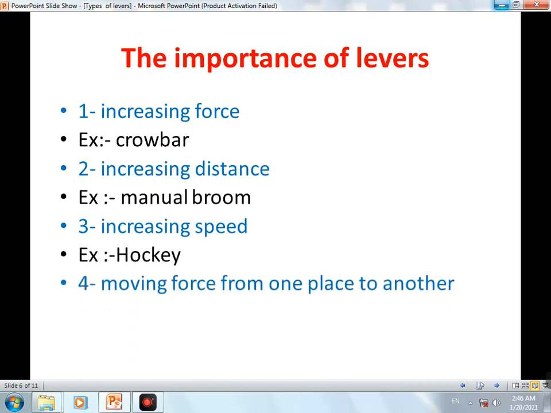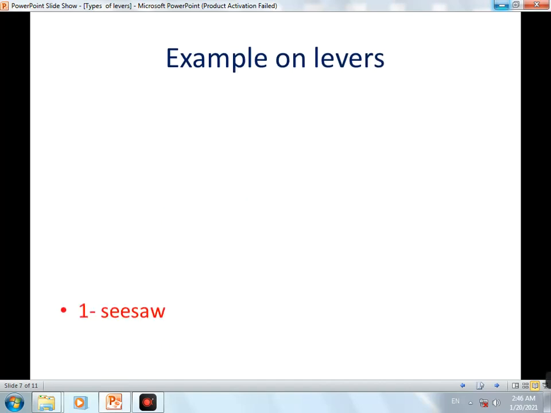Number 4, moving force from one place to another, like manual broom. Number 5, accuracy in performance. Some levers are used to pick up very small objects like tweezers. And number 6, avoid dangers like coal holder.